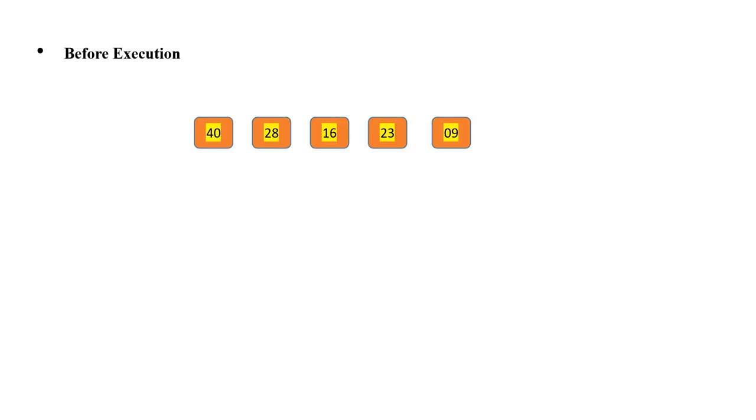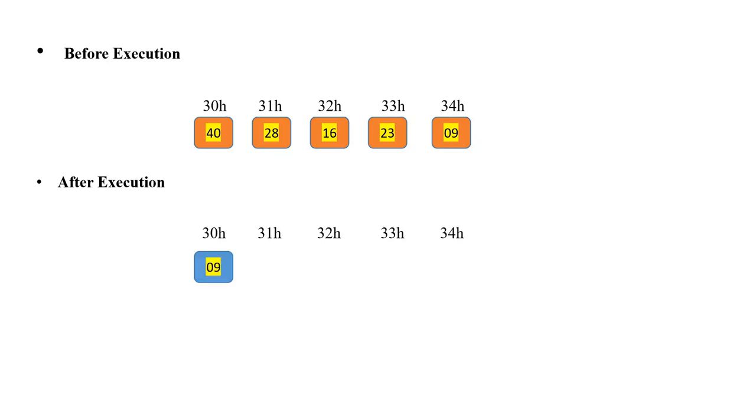So we'll take the data as 40, 28, 16, 23 and 9, which is stored at 30H, 31H up to 34H respectively before execution. Once we execute the program, we need to get the answer in the same memory locations, and these have to be arranged in ascending order, that is 9, 16, 23, 28 and 40.